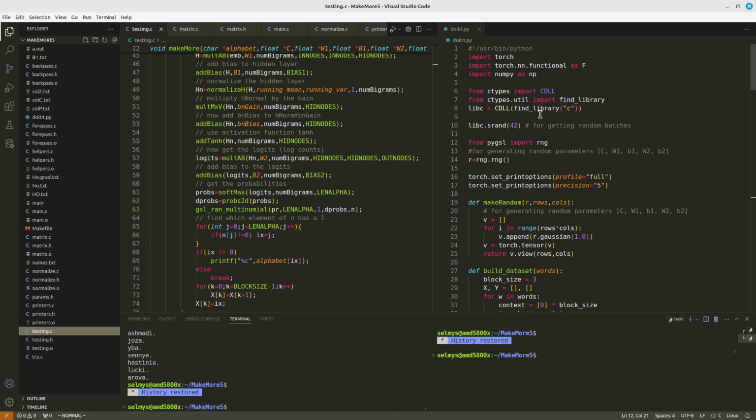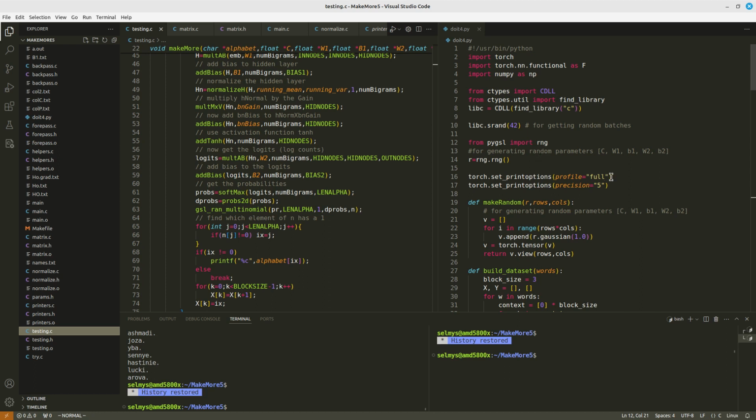And I also use PyGSL, the GNU Scientific Library, for generating all my parameters here. I also have gamma and beta somewhere, which I don't think are random to start with. I think they're just ones and zeros or something like that.